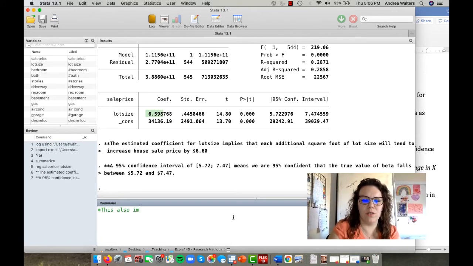This also implies that we can reject the null hypothesis that beta equals 0 because the confidence interval does not contain 0.